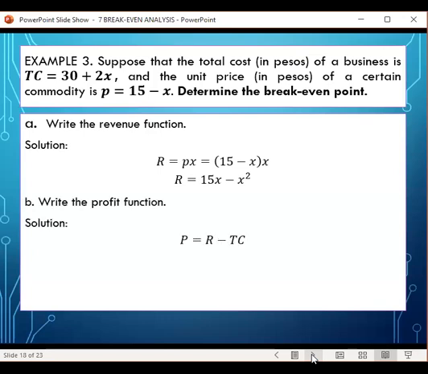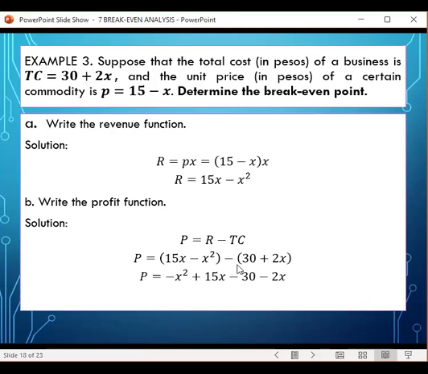And our profit function, that is the revenue minus the total costs. So the profit is 15x minus x squared, that's our revenue, minus our total cost, that is 30 plus 2x based on our given. And our profit would now be equal to negative x squared plus 15x minus 30 minus 2x.